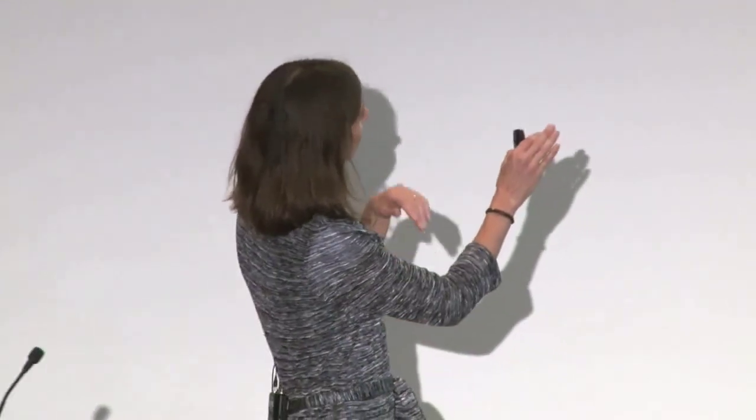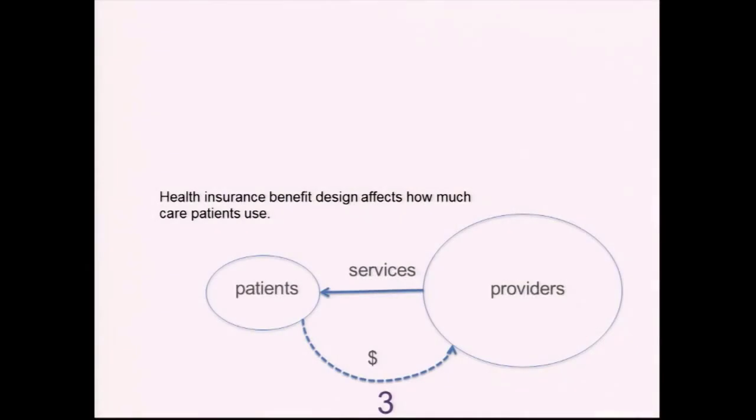Okay, the third mechanism here is what economists or benefits folks would call benefit design, right? So how is the health insurance contract designed? And I think what I'm about to say is a little bit non-intuitive to folks, because I think there's a perception out there that cost sharing has really increased a lot, right? That people spend a lot out of pocket when they go in to seek health care.